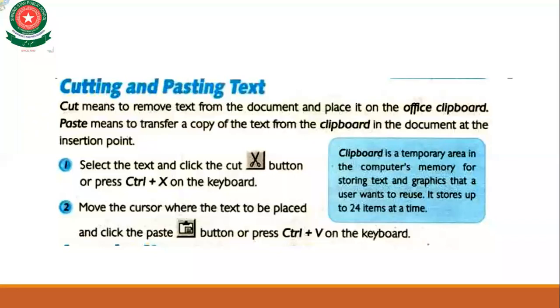Then move the cursor where the text is to be placed and click the Paste button or press Ctrl plus V on the keyboard. So Ctrl plus X is the shortcut key for cutting anything in the computer, whereas Ctrl plus V is the shortcut key for pasting. Either you cut or copy.